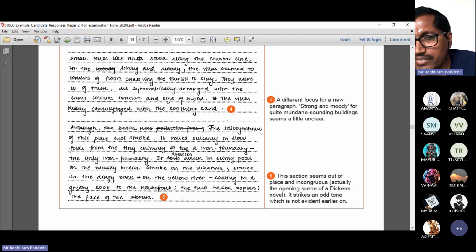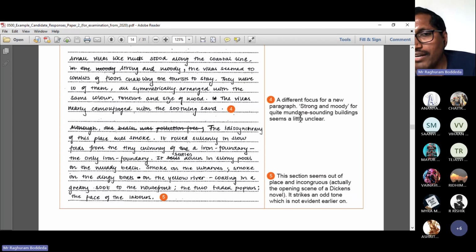So even if you look at it very closely, the comment given by the examiner here shows a different focus on the new paragraph: 'strong and moody' for quite mundane standing buildings seems a little unclear. My understanding is the student may include some more details about the scales they mention, the symmetry and shape and size and texture, color.